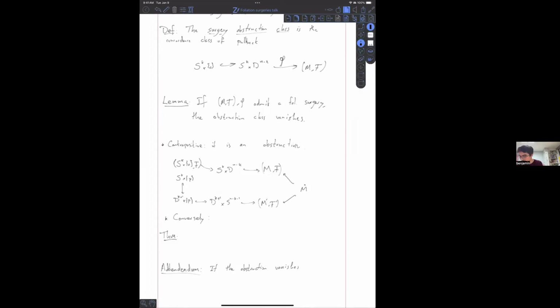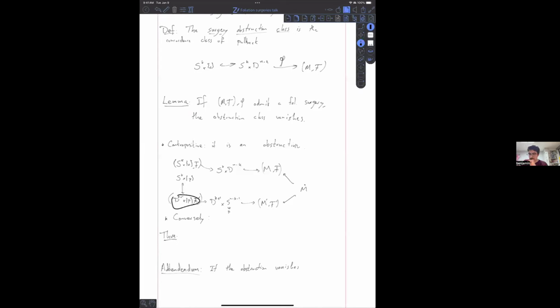Then we take any point in the boundary sphere and restrict to the disk there, and we have a foliation here.